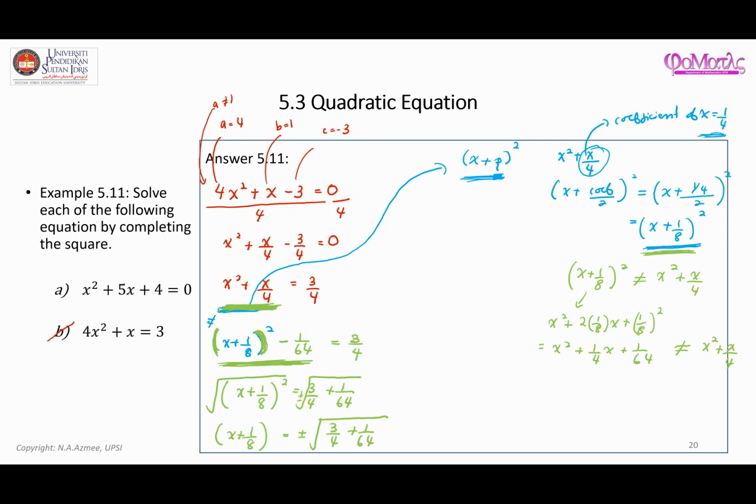So I'm going to continue on this side. Next, I have x plus 1 over 8 is equal to plus minus the square root of 3 over 4 plus 1 over 64. That is actually 49 over 64, and that becomes plus minus 7 over 8.